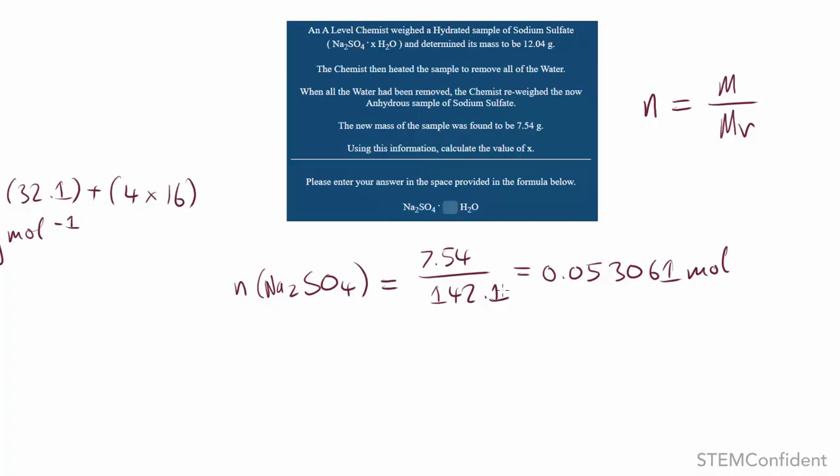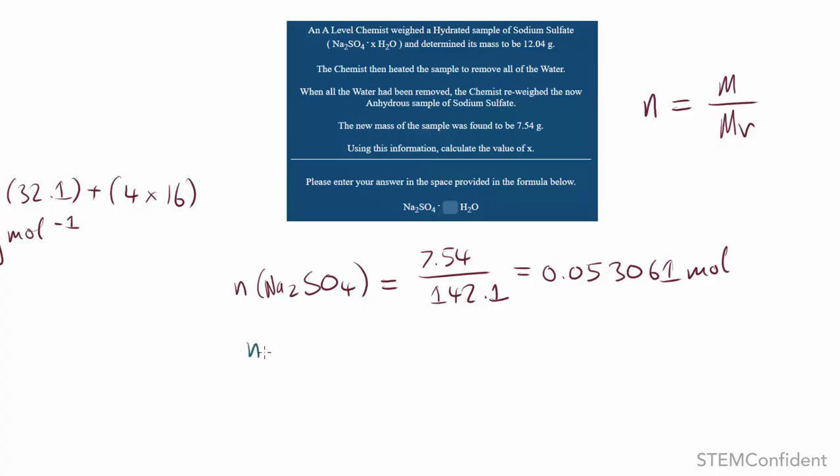So for water, at the end of the day, what we're really comparing is the amount of substance for the sodium sulfate and the amount of substance for the water, right, in moles. So I need to work out the moles for the water as well. And that's going to effectively be the difference between the anhydrous and the hydrated sample.